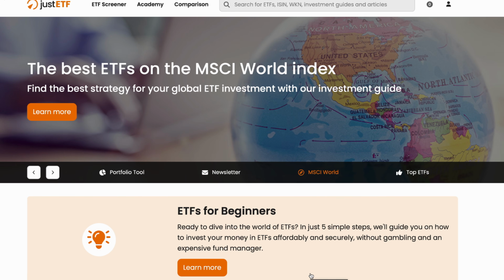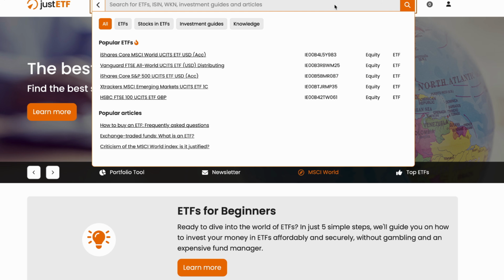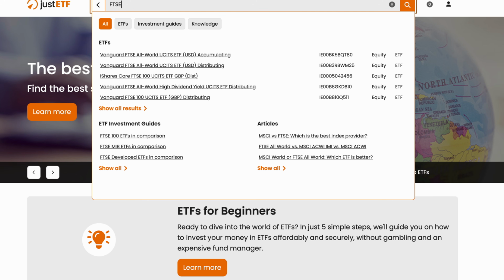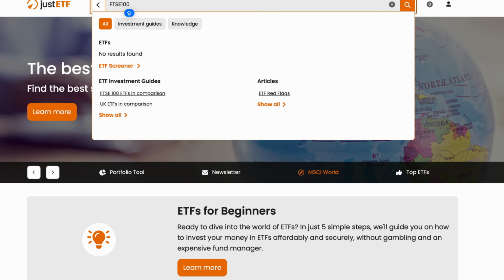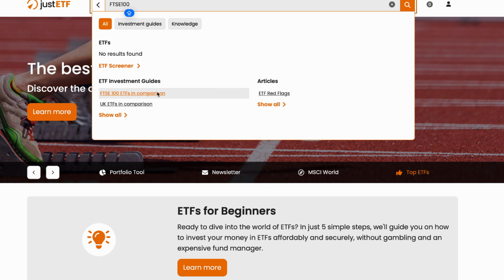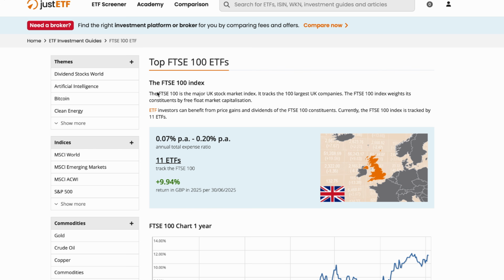I always believe in genuine indexes. So whenever you go to Just ETF, for example, and just type in FTSE 100, FTSE100 as one word, it will come up as a very good option. So you can go there and you can choose here.